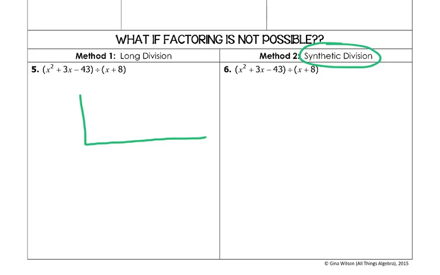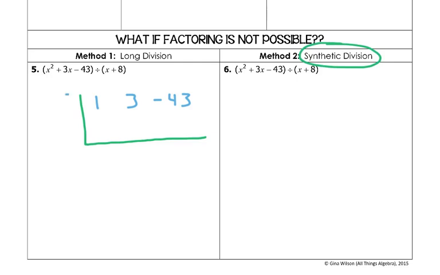I'm going to take the coefficients: 1 in front of the x squared, positive 3, and negative 43. We're going to put those inside of this box and space them out. So it will be 1, space, 3, and then finally negative 43. So I just took the coefficients and put them inside of this little box.